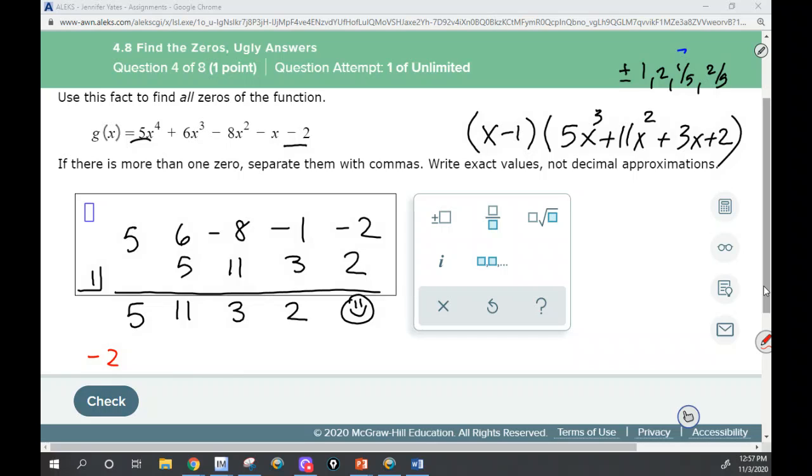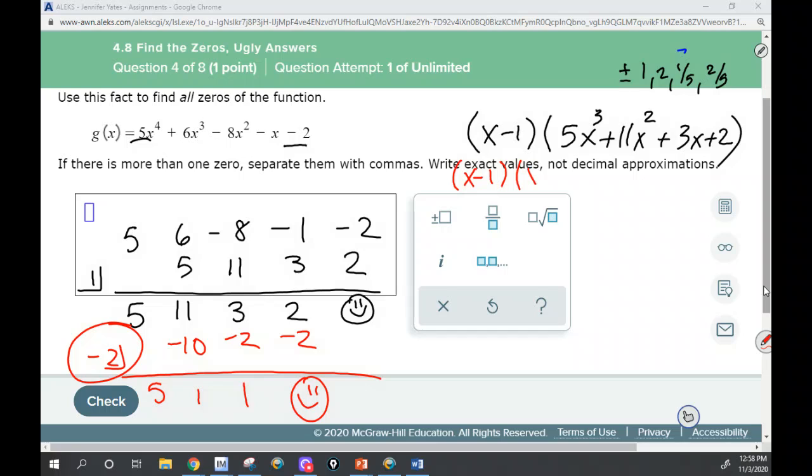All right. 5, -10, 1, -2, 1, -2. All right. So now this continues to factor to x minus 1 times x plus 2. And what's my depressed polynomial? 5x squared plus 1x plus 1.